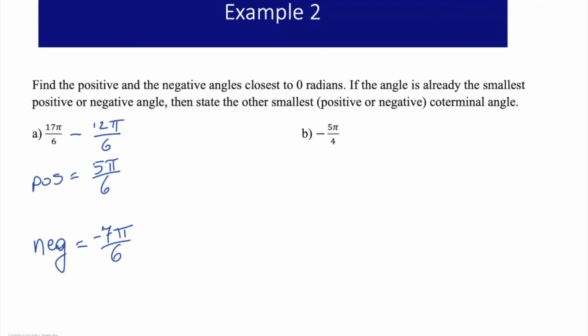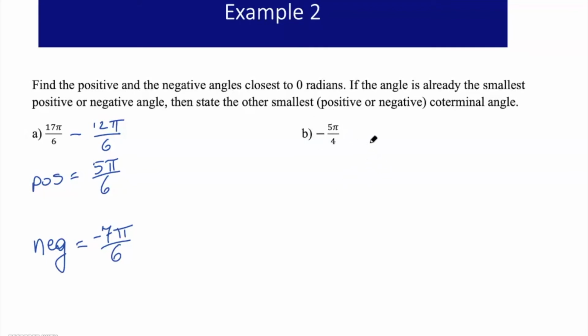So for the first one, I start subtracting a full revolution, 2 pi, I subtract 12 pi over 6, and that will give me 5 pi over 6, the smallest positive coterminal angle. And if I subtract another full revolution, so another 12 pi over 6, I will get negative 7 pi over 6.